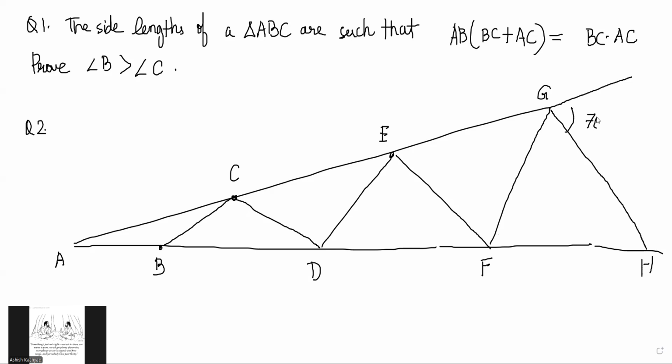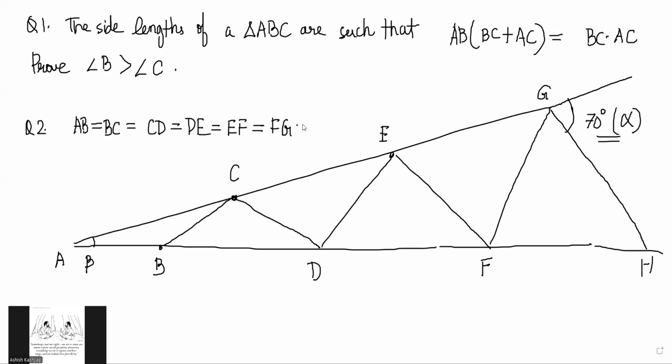This angle is 70 degrees. This angle is beta. And this angle was called alpha. We are given that AB is equal to BC is equal to CD is equal to DE is equal to EF is equal to FG is equal to GH.